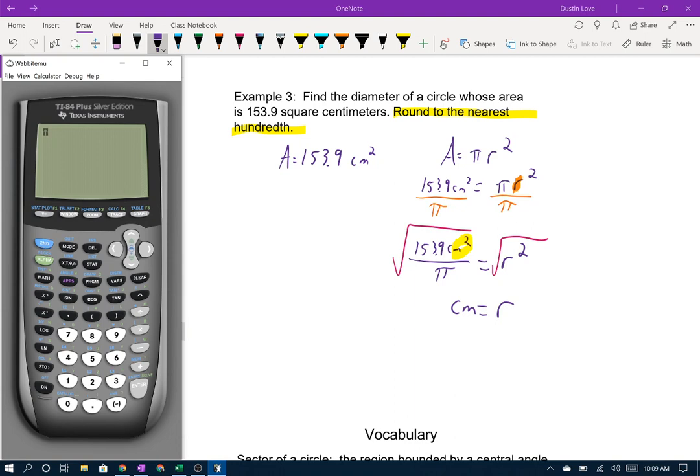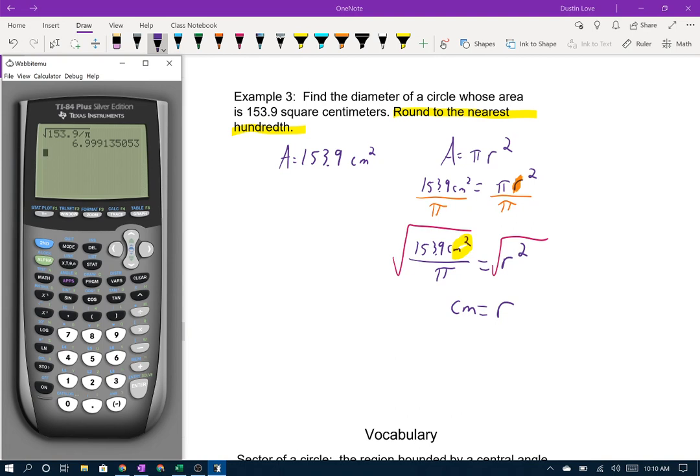Square root of 153.9 divided by pi. Make sure that divided by pi is underneath the square root and you'll be fine.